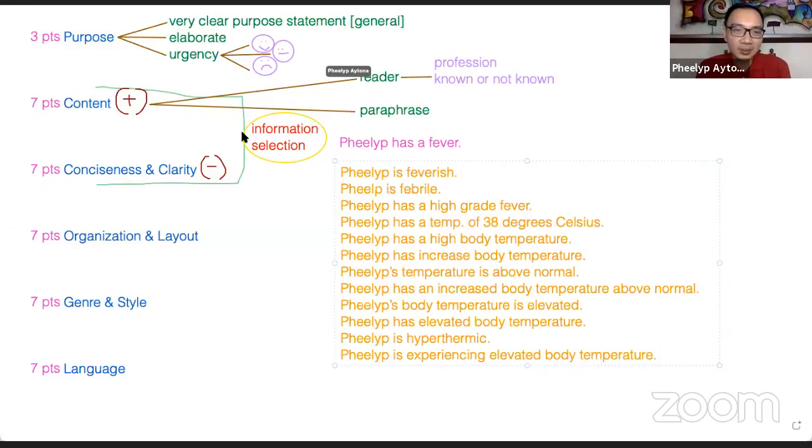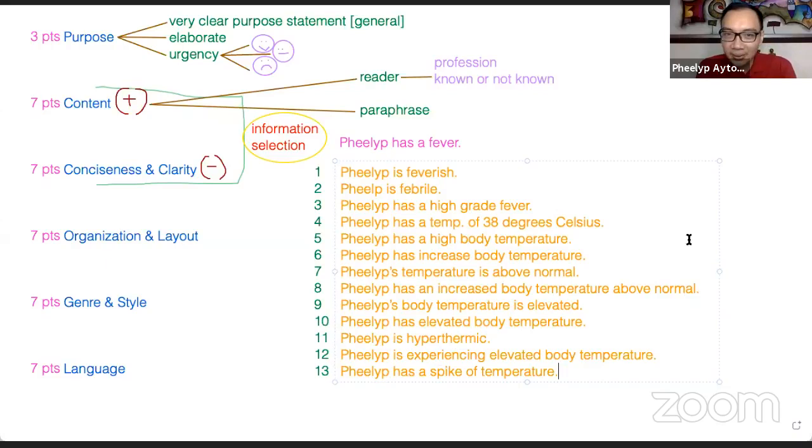Let's see what you guys came up with. Let's analyze them. One, 2, 3, 4, 5, 6, 7, 8, 9, 10, 11, 12, 13. Dayan says Philip has a spike of temperature. I have a question.